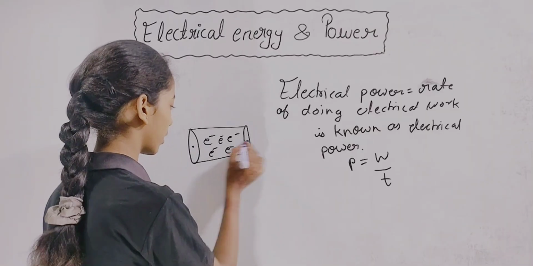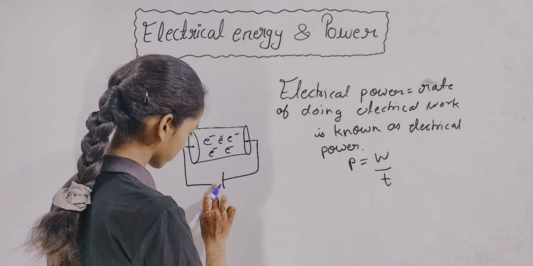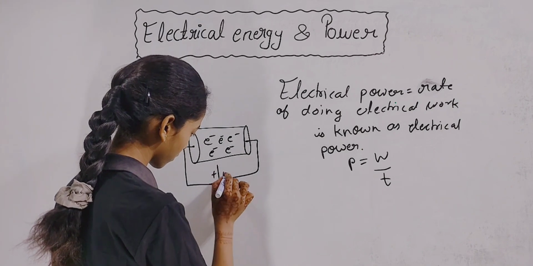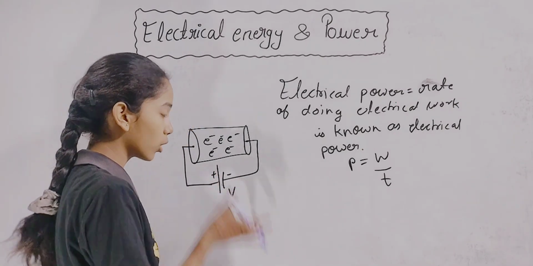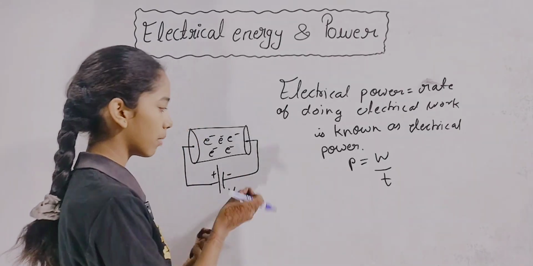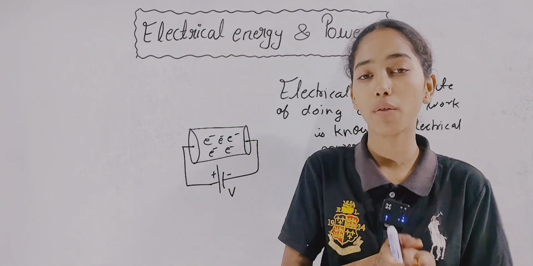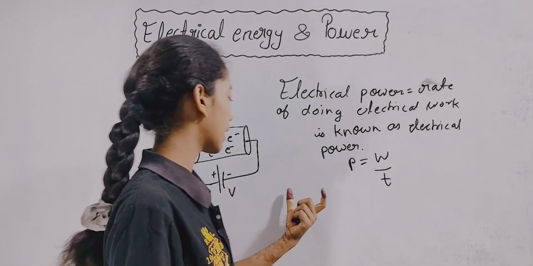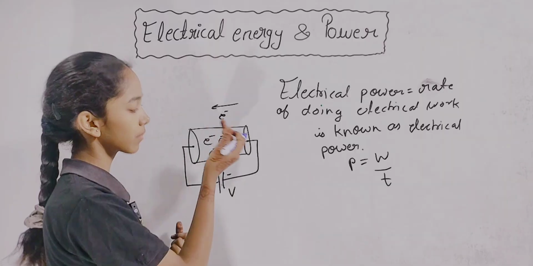If we connect it through a voltage source like this, here is the positive terminal and here is the negative terminal. So what will happen? The negative terminal will repel the electrons and the positive terminal will attract. So electrons will start moving from the negative terminal to the positive terminal. So the direction will be like this.